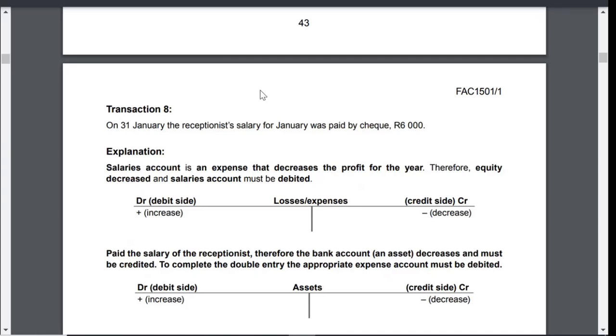The expense is increasing, because the company is incurring an expense for that month. And bank is decreasing.